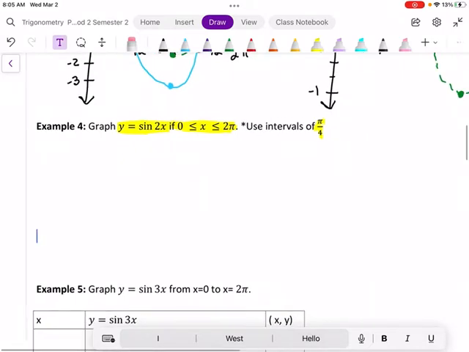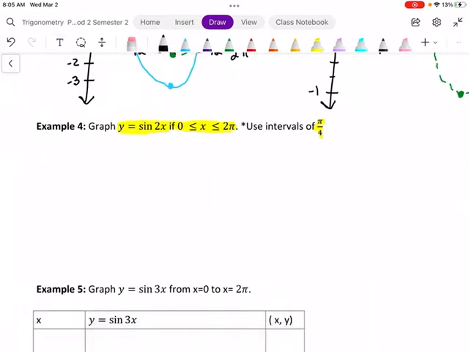So before we talked about the amplitude, and that was the value that was in front of our functions. Now we're going to be talking about our period of the graph. So we know that A represents our amplitude. Now our period, we are going to be using this B value here.